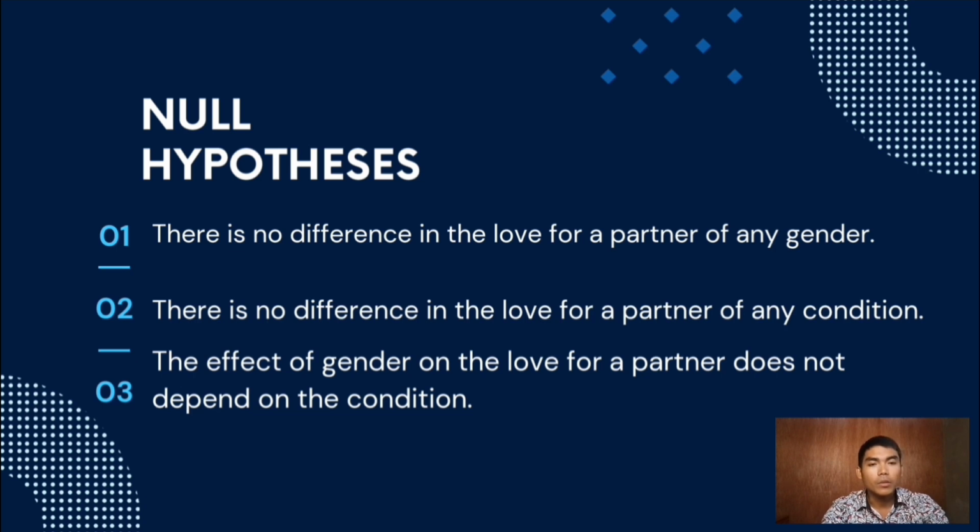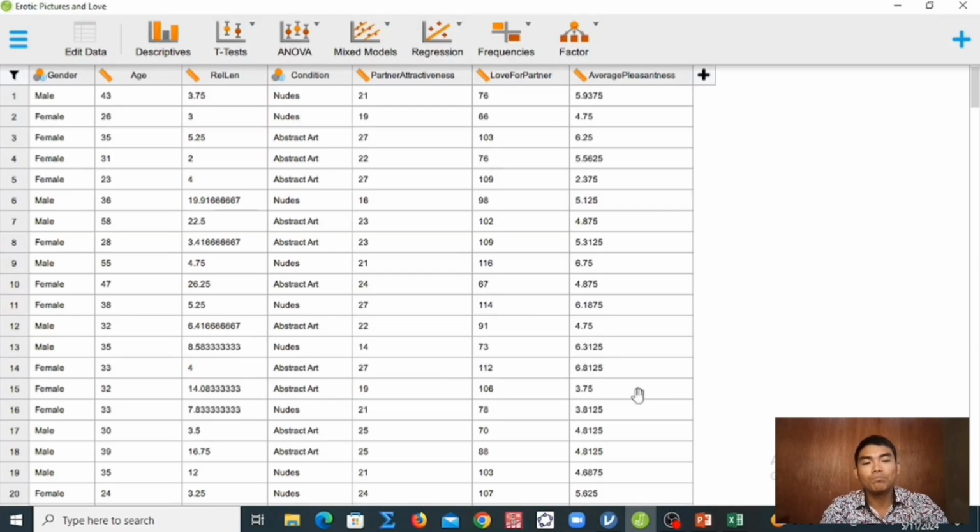Okay, now we will test these three null hypotheses using the two-way factorial ANOVA. Okay, so let's go back to the JASP app.